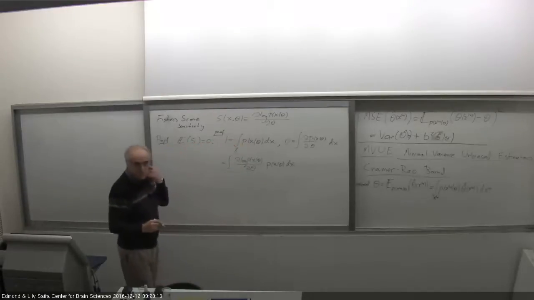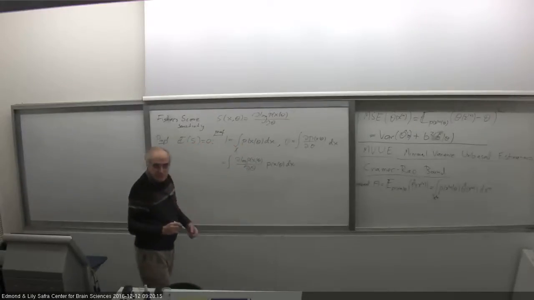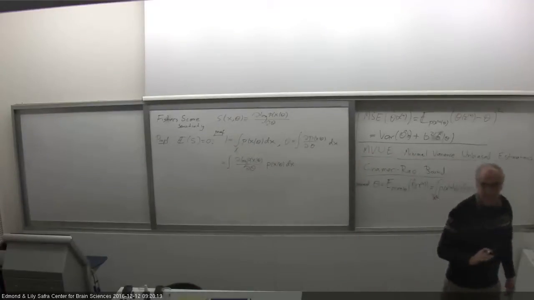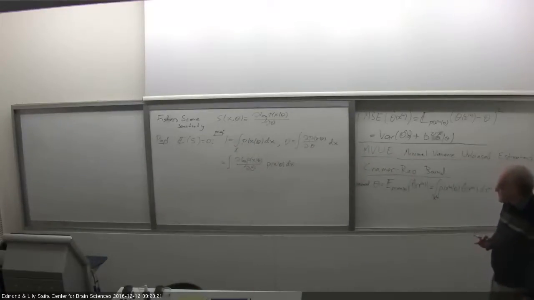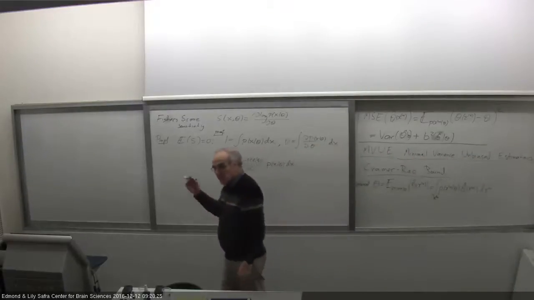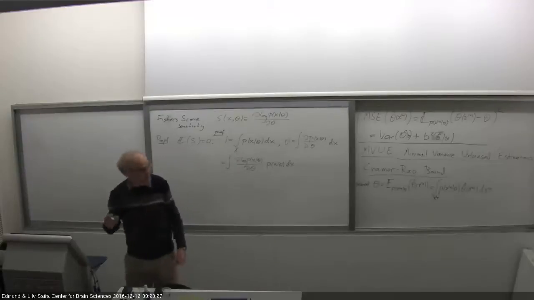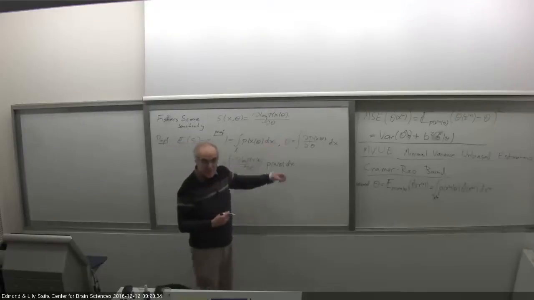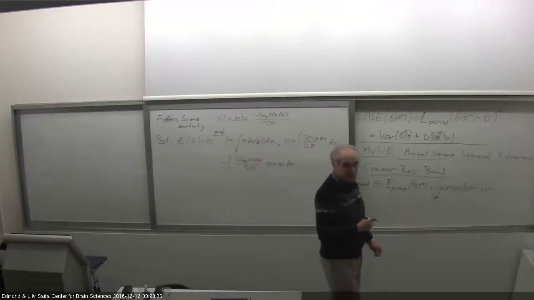Why is this true? Just want to make sure, this is a trick I'm going to use a lot of times. Log is ln, so the derivative of the log is 1 over p times the derivative of p, so d log p is 1 over p, which is going to cancel this p, okay? So this is always true.